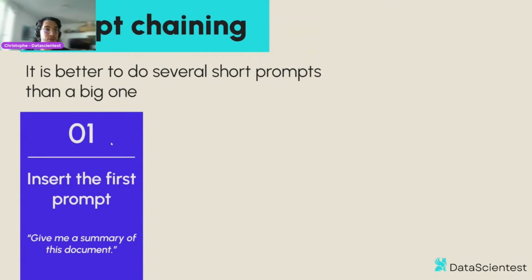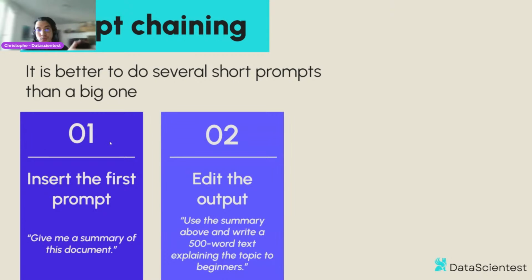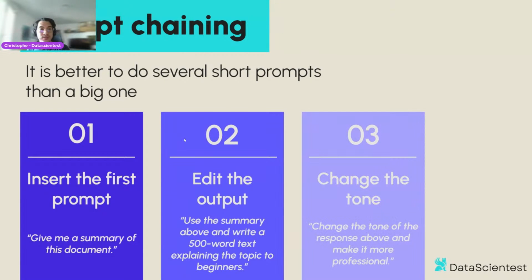Then you want, from this summary, to write an article. So based on what you've seen in this document and the summary you gave me, create a new article of 500 words, for instance, explaining the topic for beginners. That's my second action. And finally, with ChatGPT, especially version 3.5, when you ask it to give you something for beginners or explain it more simply, it gives you a lot of metaphors and comparisons, and they are a bit childish on top of this.